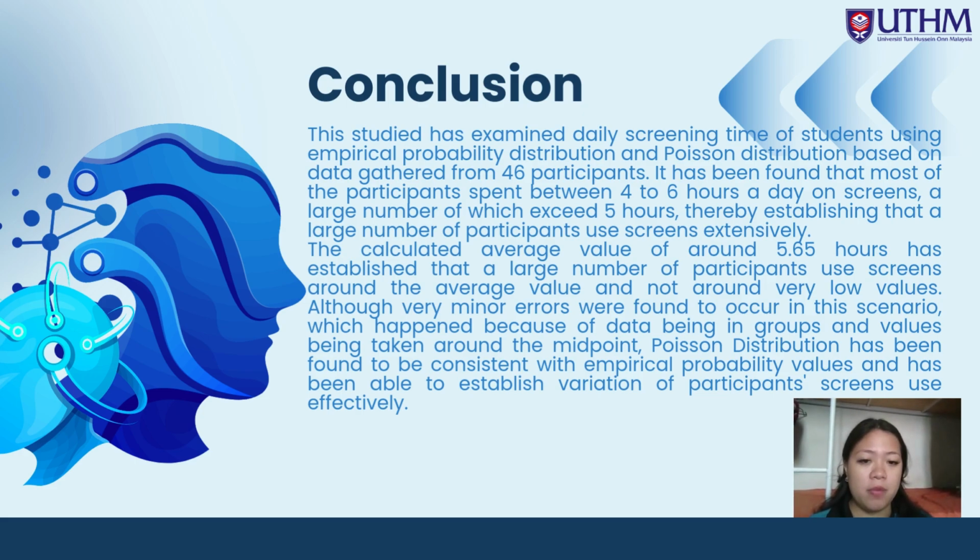Although very minor errors were found to occur, they happen because the data is in groups and values are taken around the midpoint. The Poisson distribution has been found to be consistent with empirical probability values and has been able to establish variations in participants' screen use effectively.